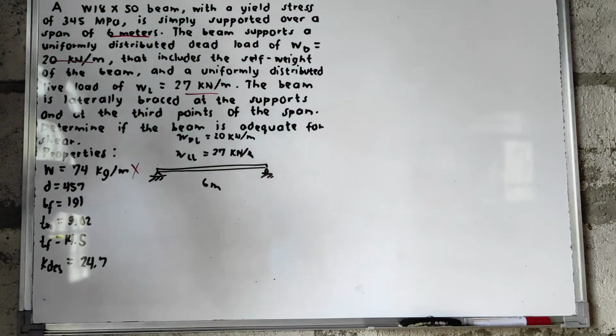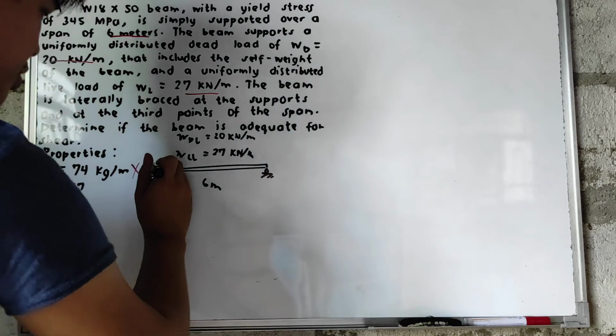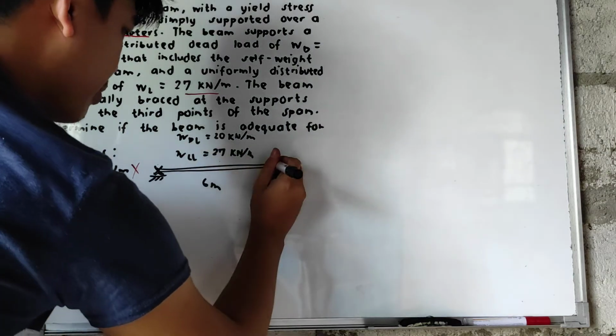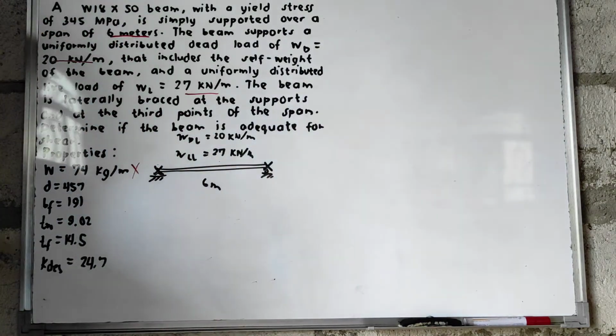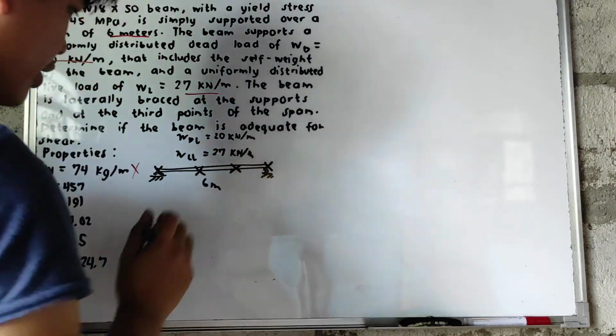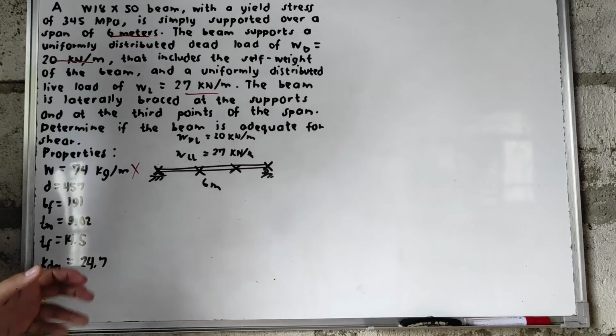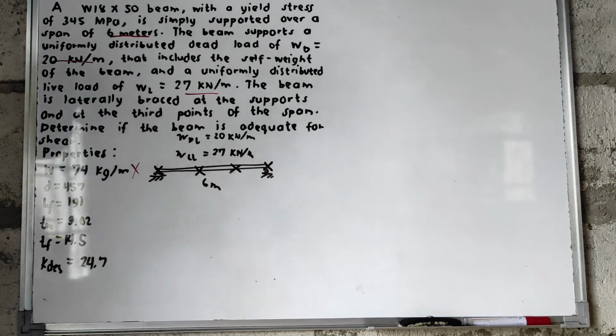So it is already stated here na laterally braced yung beam natin at the supports. So sa support, braced yan. And at the same time, at the third points of the span. So for this one, hindi natin itatackle yung LTB kasi nga yung focus natin dito is yung shear stress.